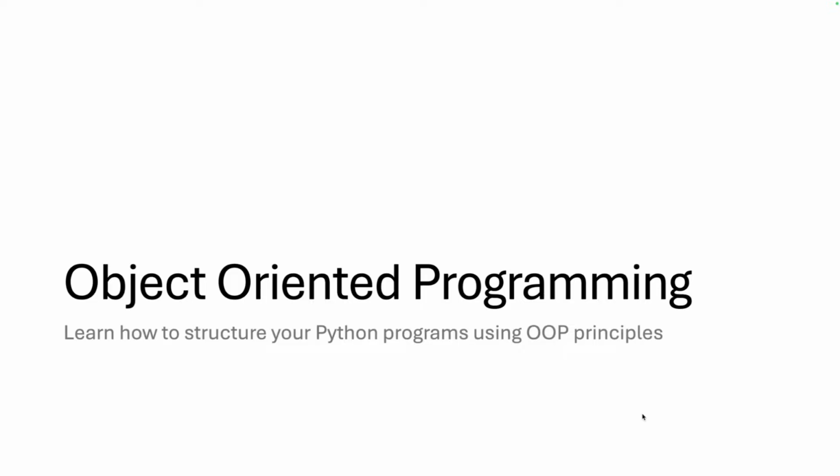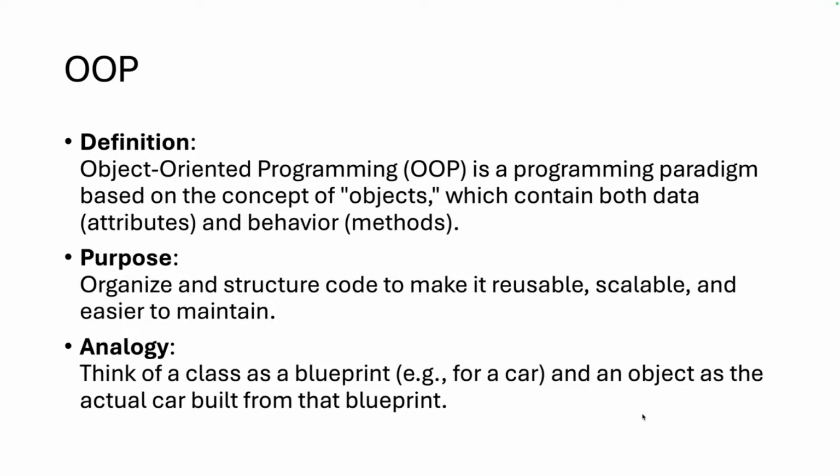Object-oriented programming. Let's learn how to structure your programs using these principles. So what is object-oriented programming? It's a programming paradigm, and it's based on the concepts of objects. We're going to define things as objects. So this lecture now ties back to the very first class when I told you guys everything in Python is an object.